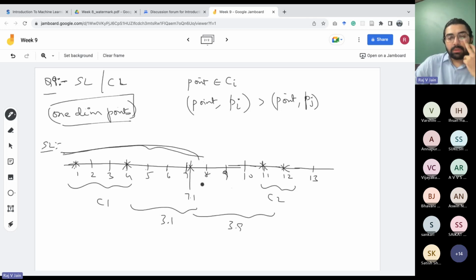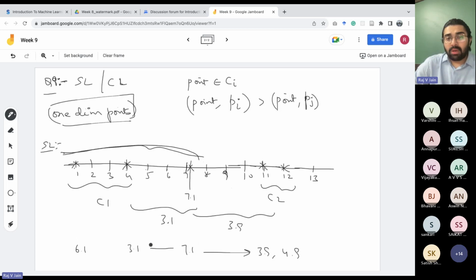right? Now, if you see, the 7.1 point is actually far by 6.1 units from this one point in this cluster, right? But it is closer to these two. If you see this 7.1 point, the distances are 3.9 and 4.9, whereas here the distance is 3.1, all right, but this is 6.1 with point number 1, right?